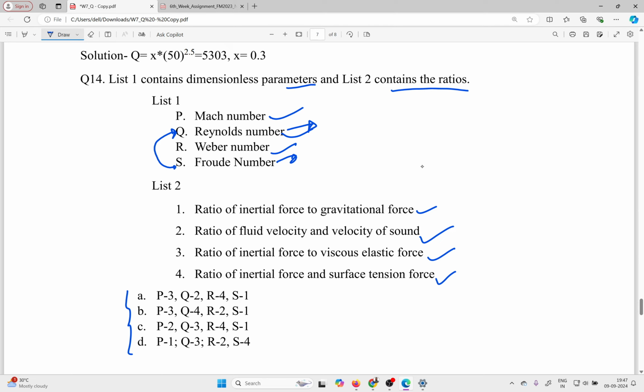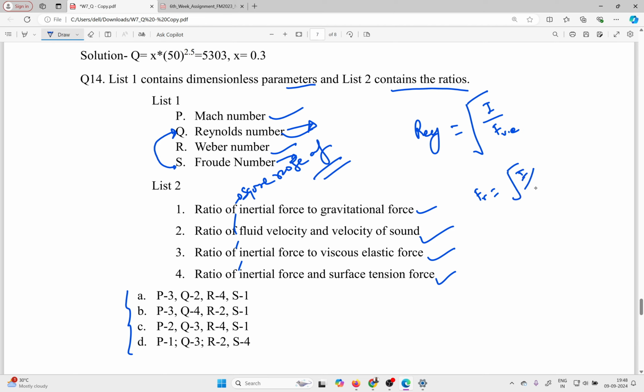Basically for Reynolds number you know already, Re is equal to inertia force divided by viscous force. For Froude number, you know already, root under inertia force divided by gravitational force.